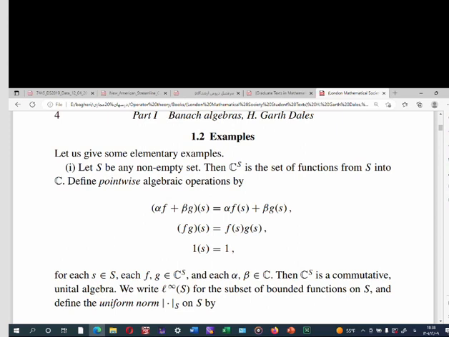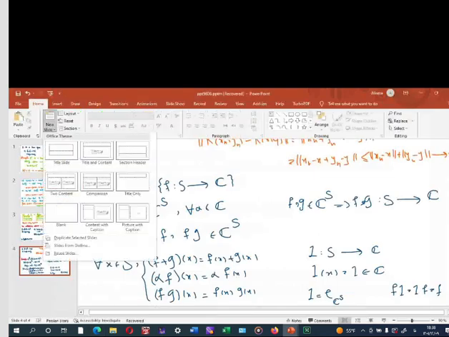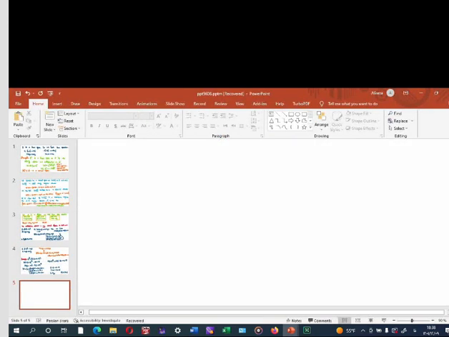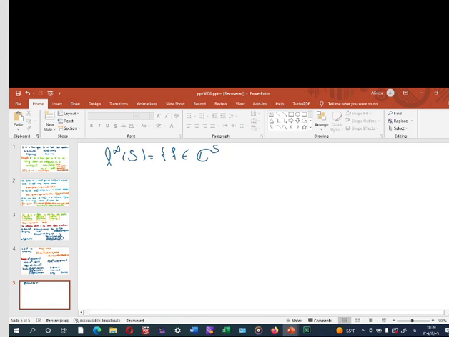Okay, so L infinity of S equals the set of all f in this space such that f is bounded, or the set of all f in this space such that there exists an M such that for any x in S, the absolute value of f of x is less than M. This is the definition of a bounded function.